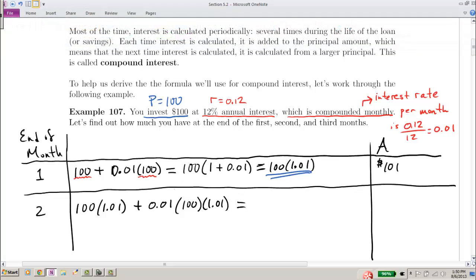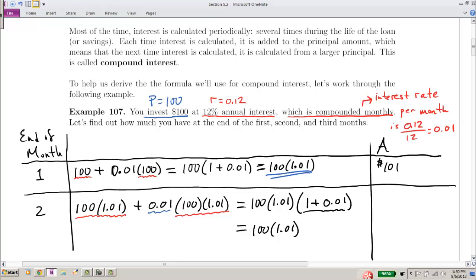Here we have something similar to what we saw at the end of month 1. We have 1.01 as a common factor. In the first term, it's being multiplied by 1, and in the second term, it's being multiplied by 0.01. So I'm going to factor that out. This gives us 100 times 1.01, and then this factor here is also 1.01.